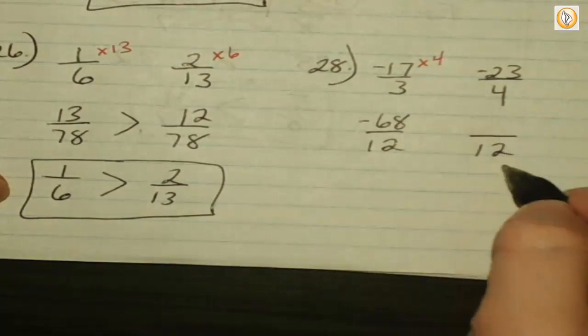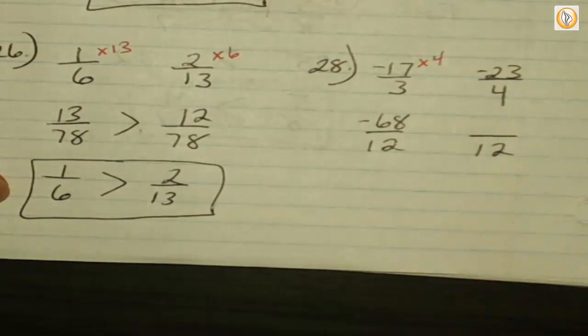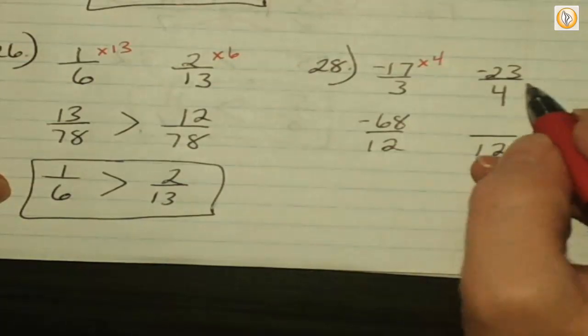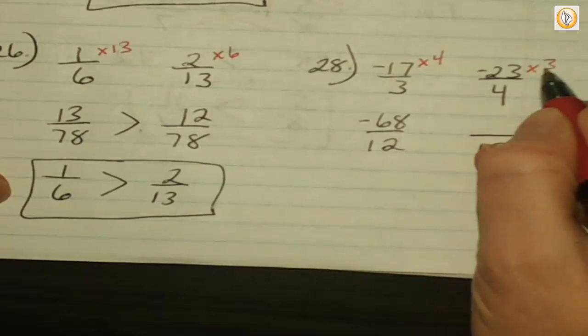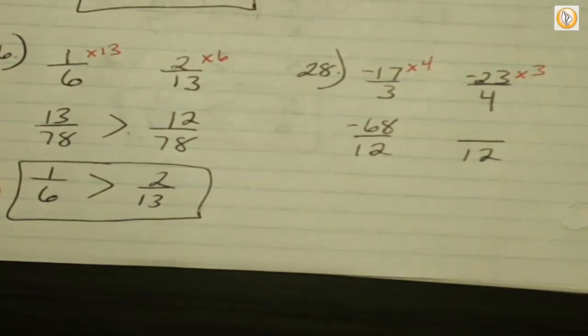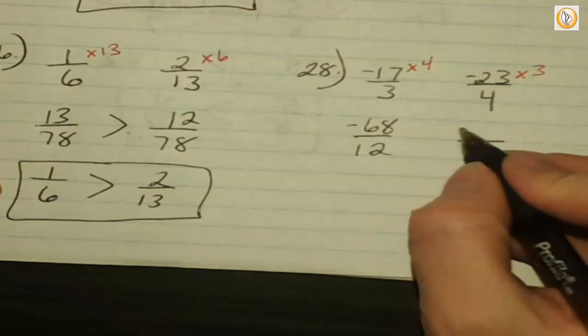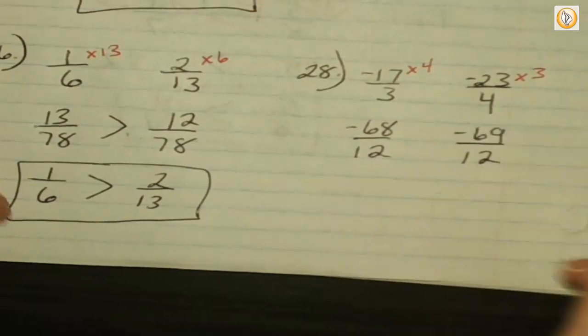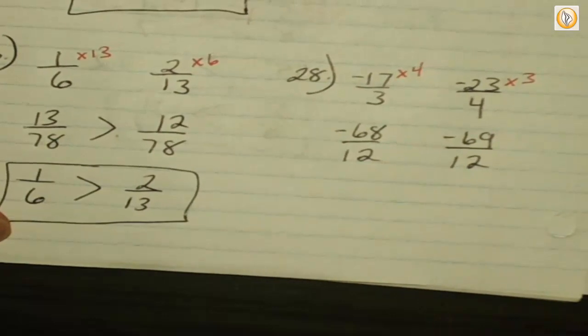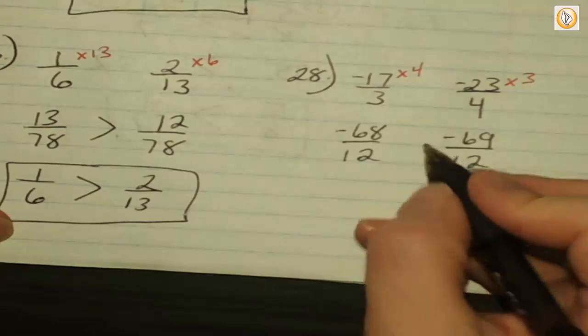Okay, how many times does 4 go into 12, Michaela? 3 times. So then 3 times negative 23 is what, Gabby? Negative 69. Okay, so Gabby, which one is greater? Negative 68 over 12.